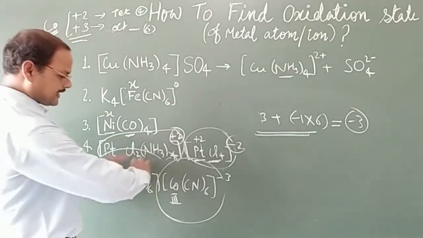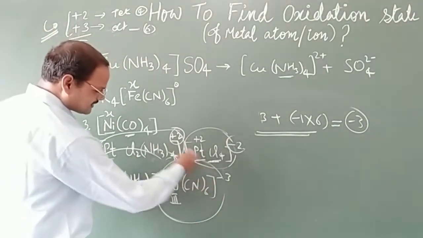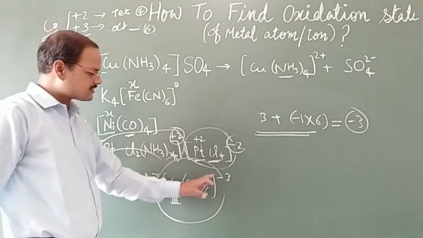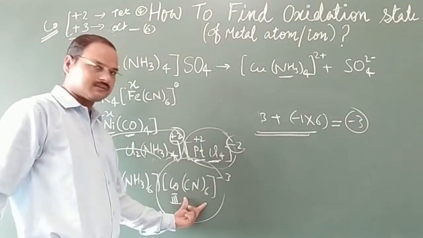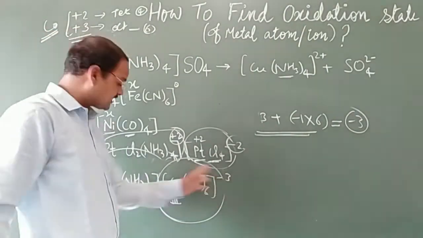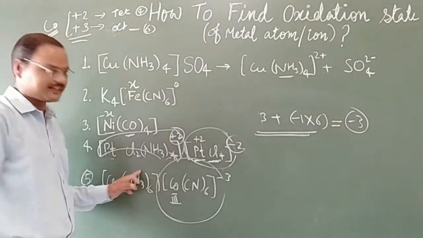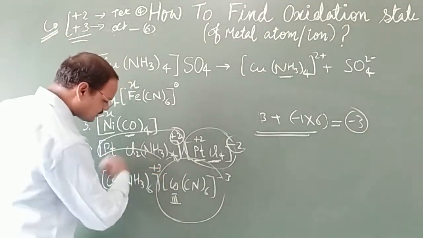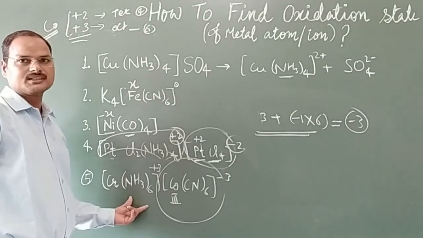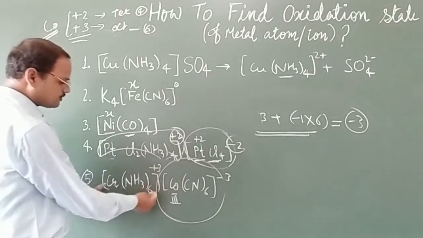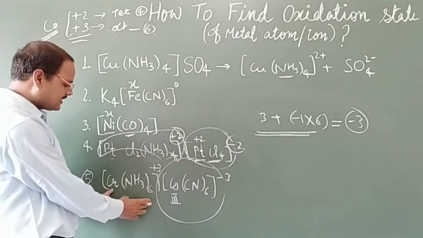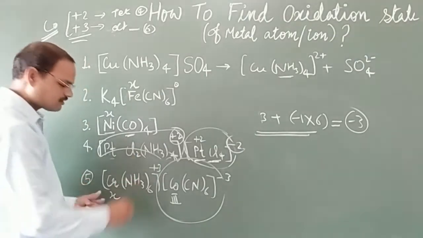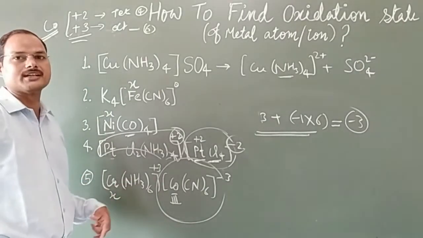Let's see again the step, that is overall this molecule is neutral. It means if this ionic coordination sphere is -3, it should be +3. It means the +3 charge is there on this cationic sphere. Now if this much is known for this coordination sphere, then the unknown oxidation state for chromium can be found out. Let's see.